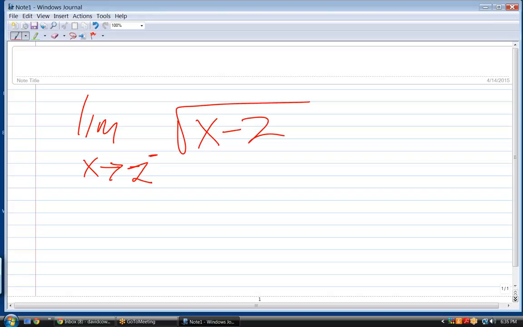Minus 2. Really? Yeah, the negative sign comes before the 2. Okay. Have you studied left and right side limits? Uh-huh. So you know what I'm talking about when I put a negative sign up there. But you're saying that this is negative 2. Well, I don't know what they mean. Let's just skip that one. What's the next one?